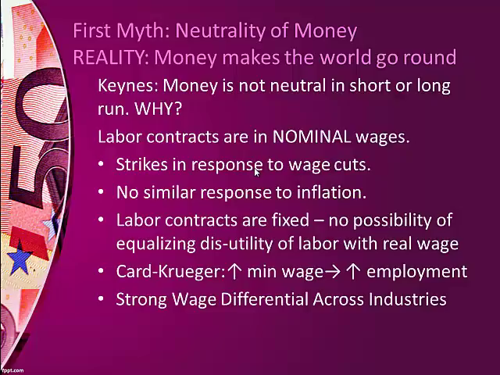But it is not. In his experience, the coal mining industry said that we are in recession and we are going to have to cut nominal wages, and there was a general strike against this. But if the price level rose by the same amount, there was no general strike. So it's obvious that laborers respond to nominal wages.